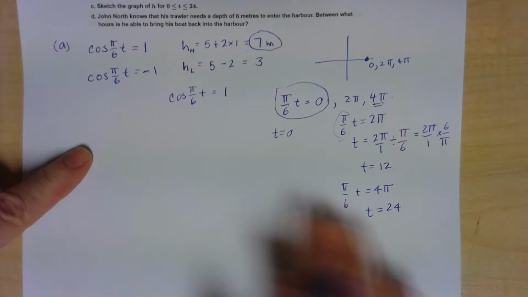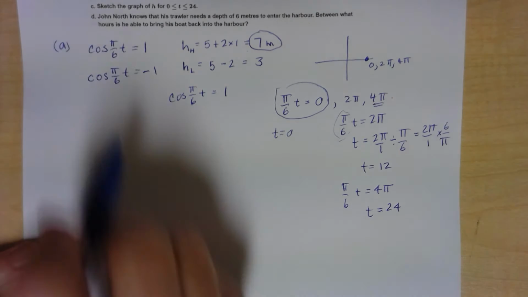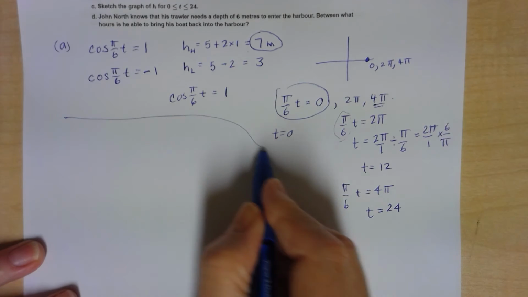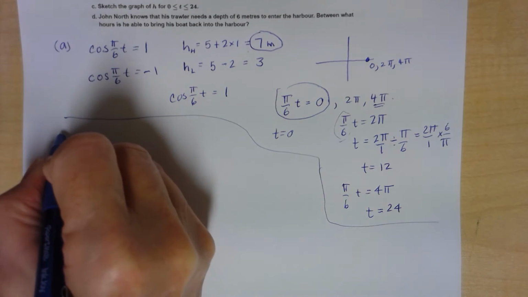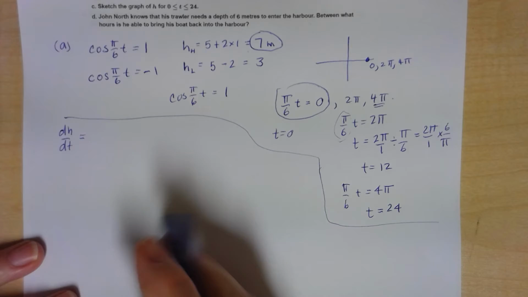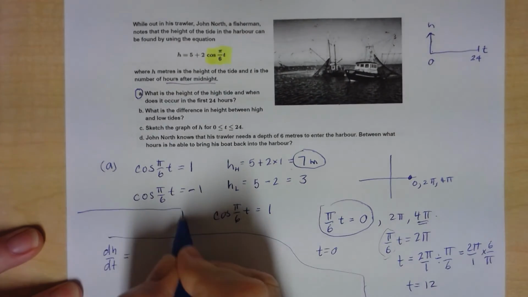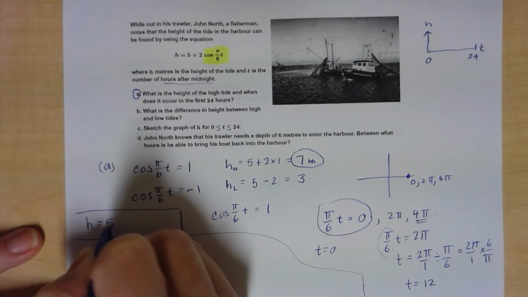Now, I don't have to do anything else if I use that method. If I don't use that method and I say, highest height, that's maximum, then the harder method that we did in class yesterday would be to find dh dt and set it equal to 0. So if I take dh dt of my function, I'm sorry I'm all over the place here, but I'm fitting it in a small spot.